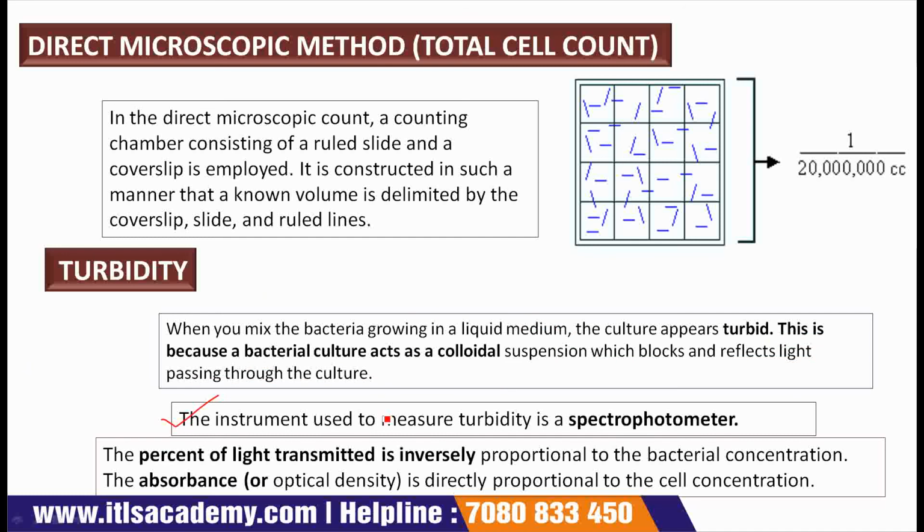The instrument used to measure turbidity is a spectrophotometer. This is an instrument which consists of a light source, a filter which allows only a single wavelength of light to pass through, the sample tube containing the bacterial suspension, and a photocell that compares the amount of light coming through the tube with the total light entering the tube.